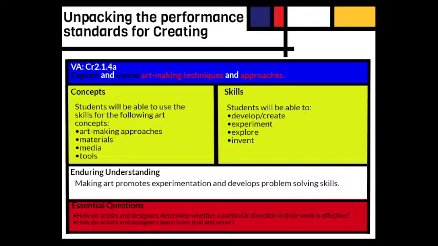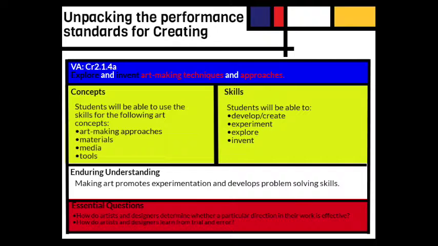So students will be able to use the skills for the following art concepts like art-making approaches, materials, media, and tools. And the skills I want my students to be able to do are to develop or create, experiment, explore, and invent.